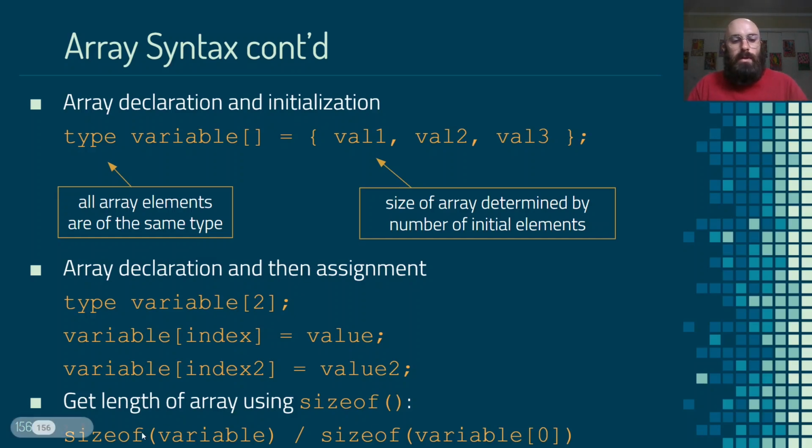This gives us the length, or the total number of elements in the array, dynamically, which is helpful for iterating over them. We need to make sure that we keep our indexes bounded and valid so that we don't try to access an index that doesn't exist within an array.